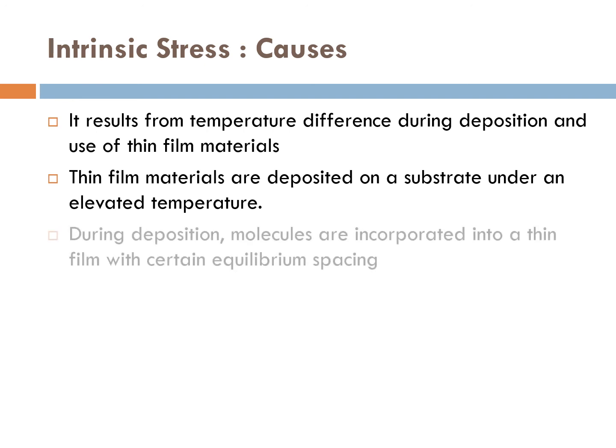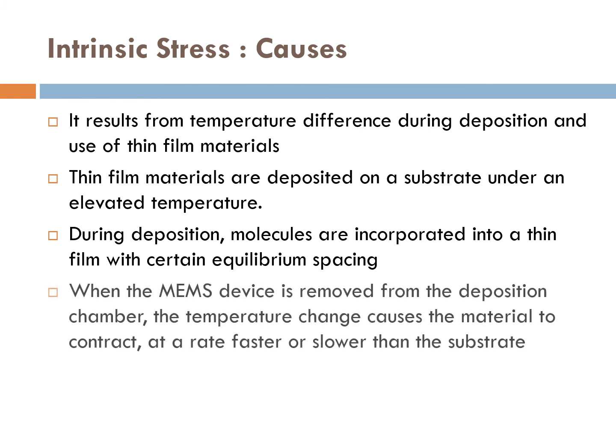During the deposition, molecules are incorporated into a thin film with certain equilibrium spacing. However, when the MEMS device is removed from the deposition chamber, the temperature change causes the material to contract at a rate faster or slower than the substrate.